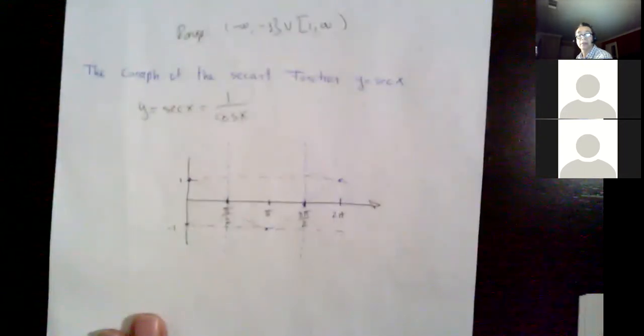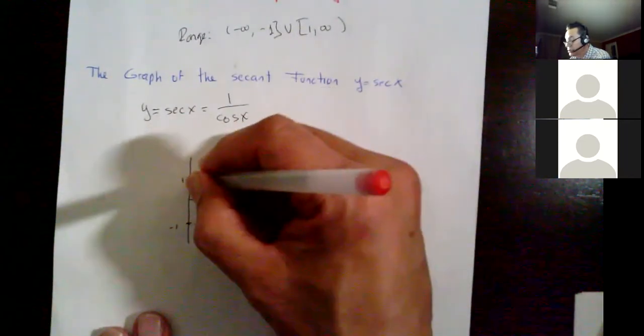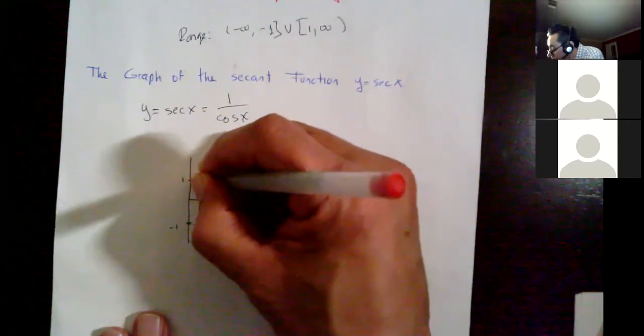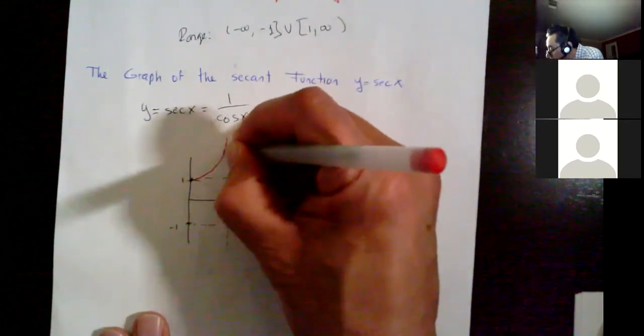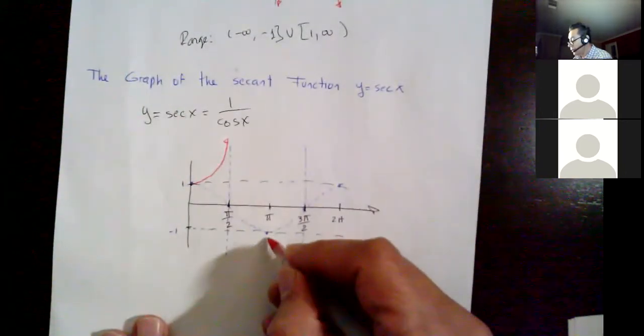All right, so now that we have that, I'm going to draw the secant. The secant now goes this way. You start right here. It never touches this vertical asymptote right here. And go down here.